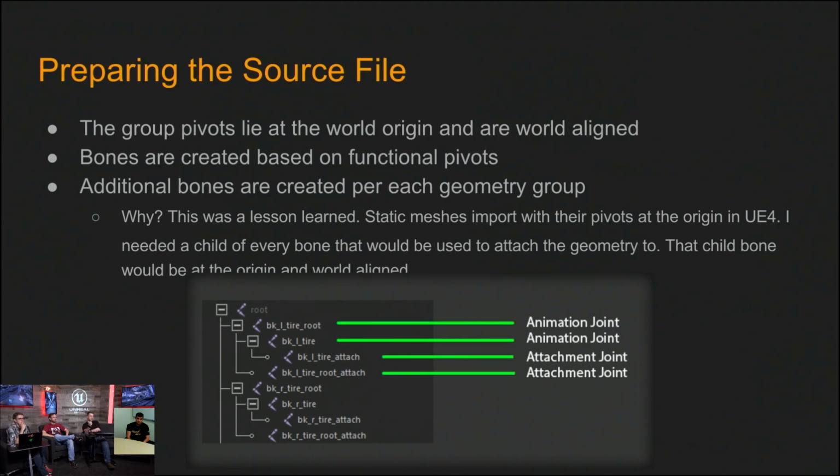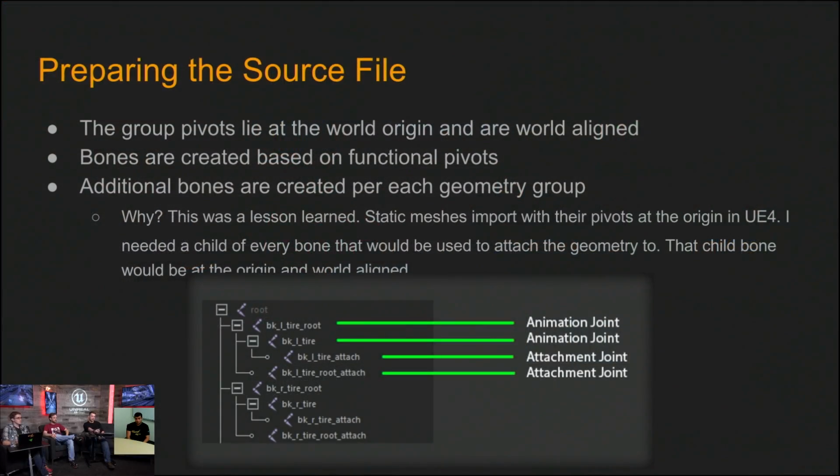So I couldn't just attach them to a bone, I had to attach them to a bone that had the same pivot as the static mesh. So basically every bone, say you have a door bone over here, it's got a child bone that's at the origin, the door attaches to that, and this is what's animating it. So pretty unconventional, but it worked really well.